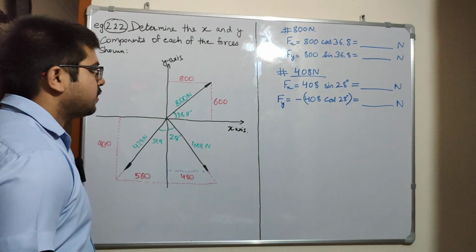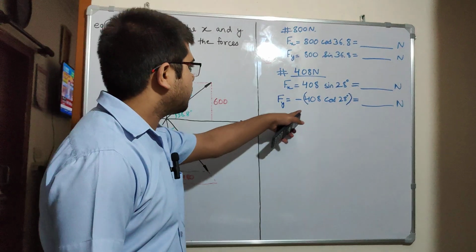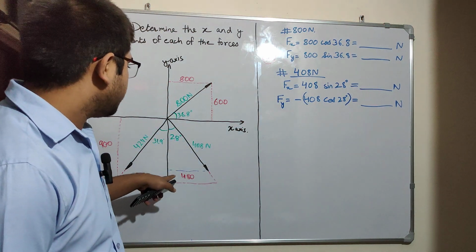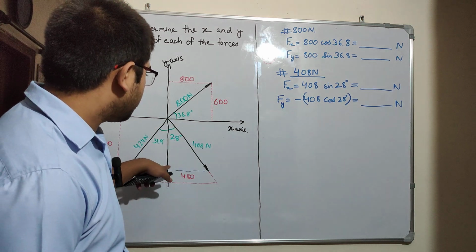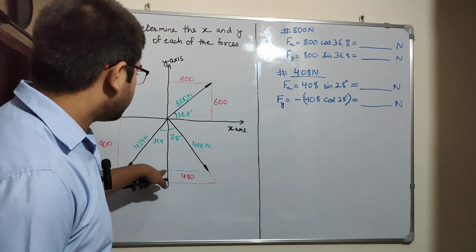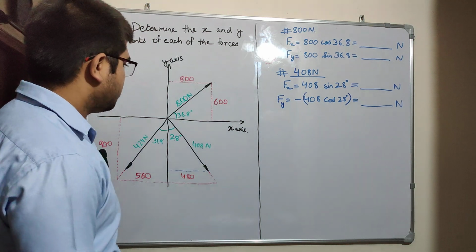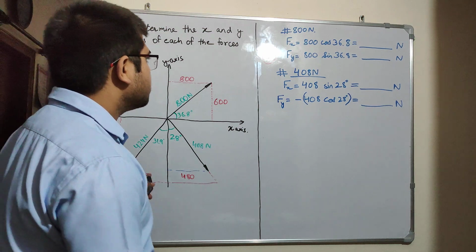Now some of you will be confused why I have taken cos in Fy. That is because, for this force 408, the cos component comes in the downward direction. So that is taken as Fy. Then with that cleared, we will move on to the 424 Newton force.